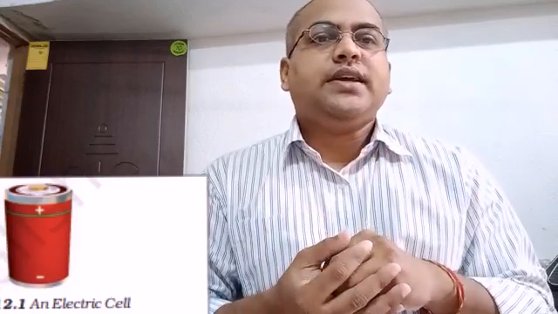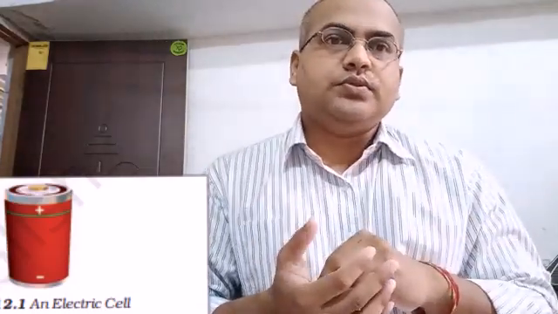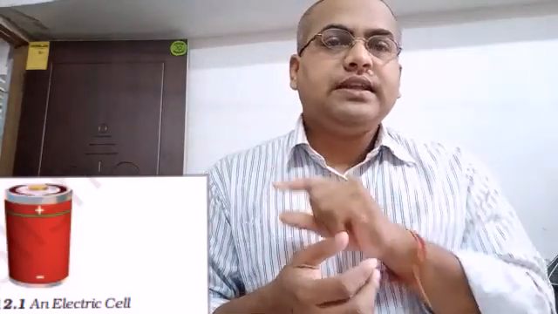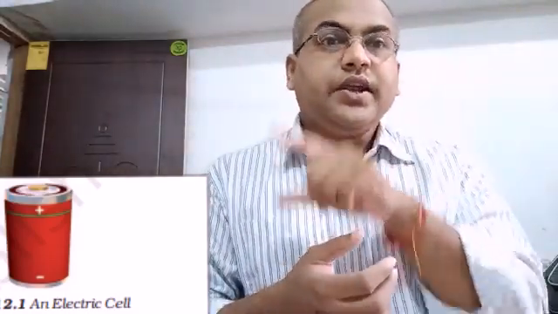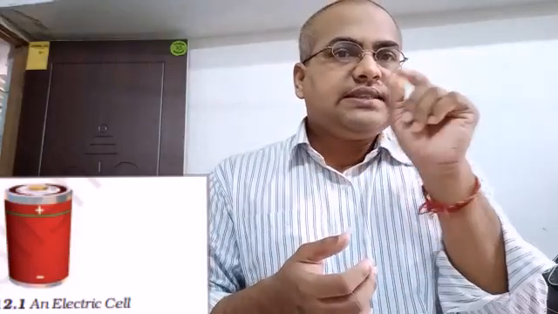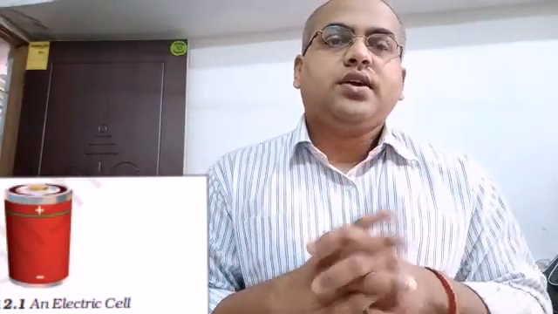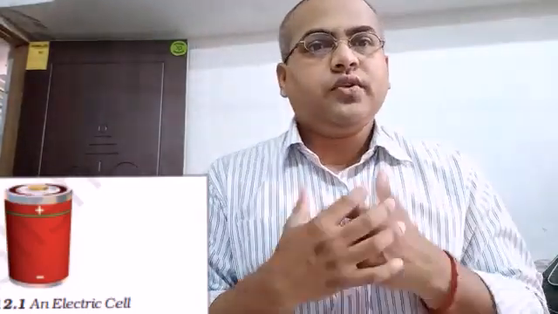In the nucleus there are protons and neutrons, and around the nucleus in the orbits electrons are moving, and these have negative charges. So when they start flowing, it is a flow of charges, a flow of electrons, and it creates the electric current.